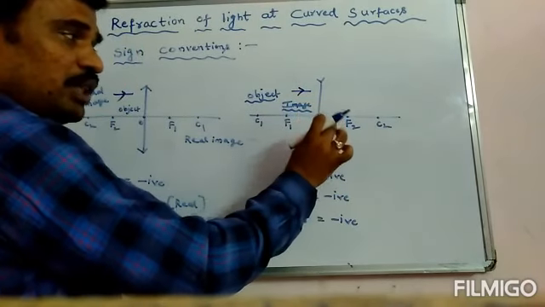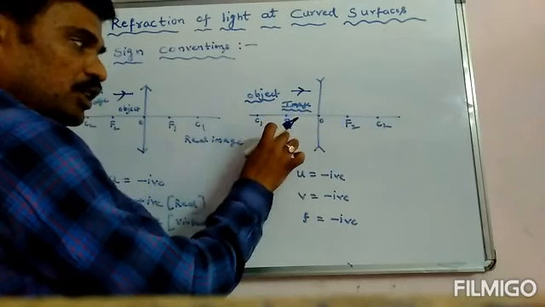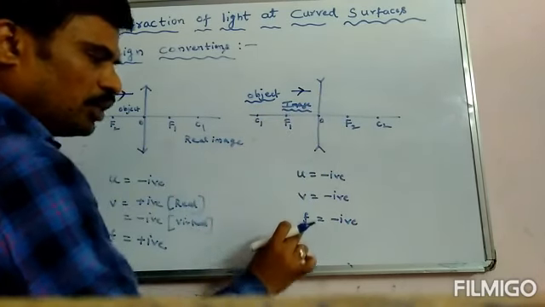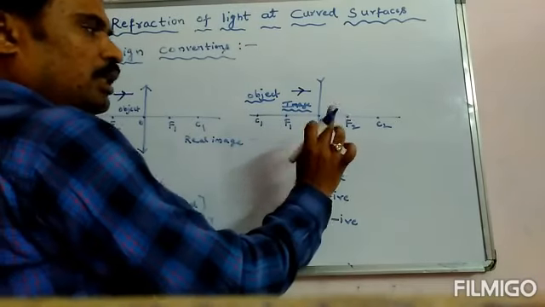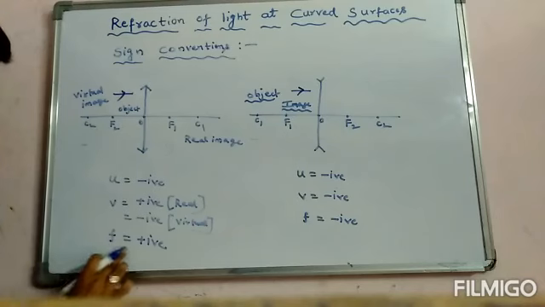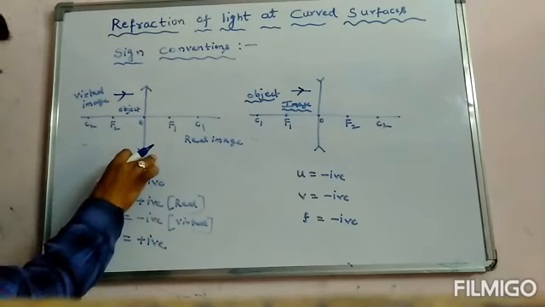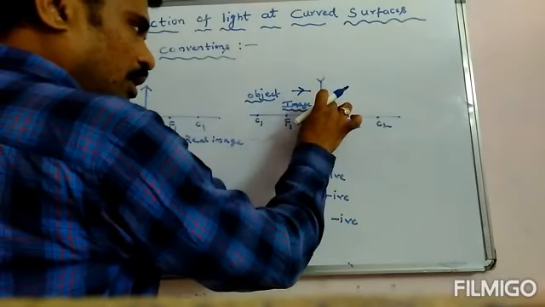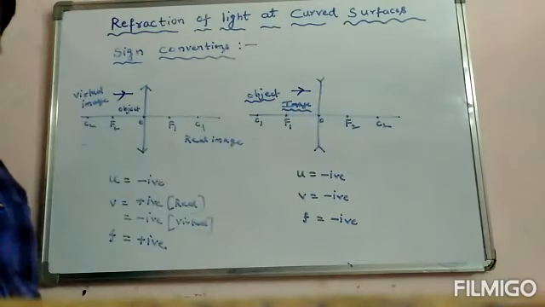And it forms always virtual image, and it has virtual focus as first principal focus, so even focal length is also negative for concave lens. Don't forget, focal length is positive for convex lens, focal length is negative for concave lens, right?